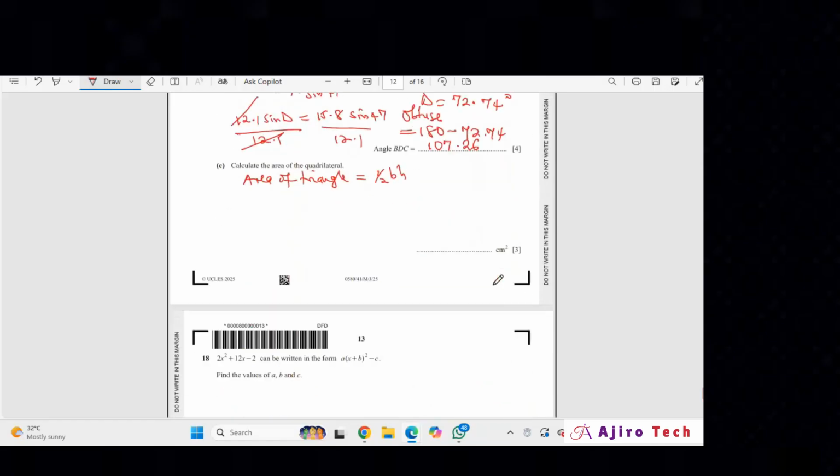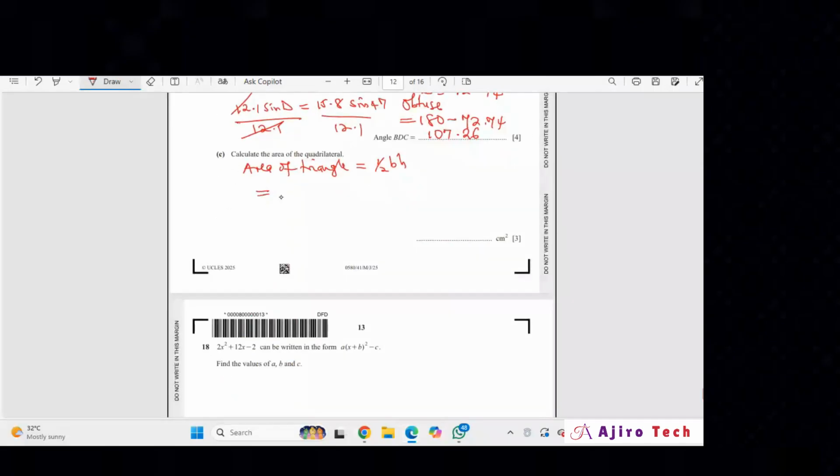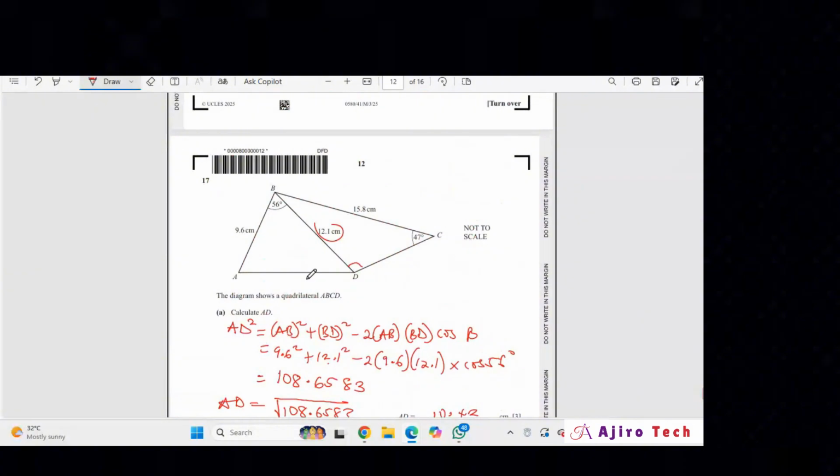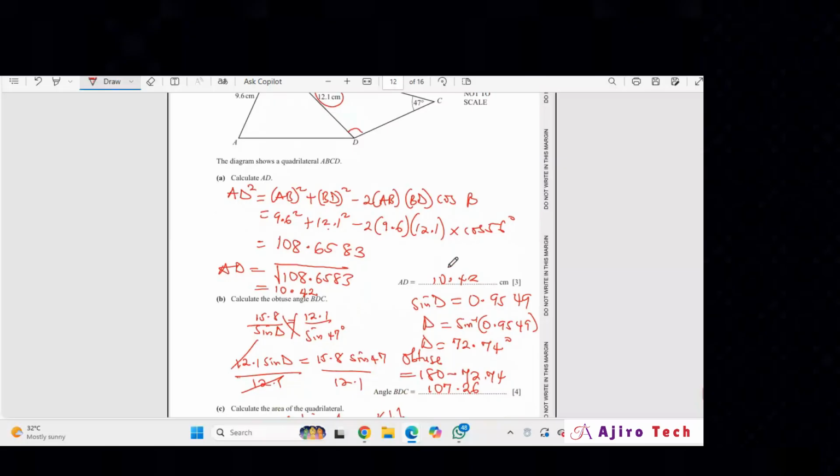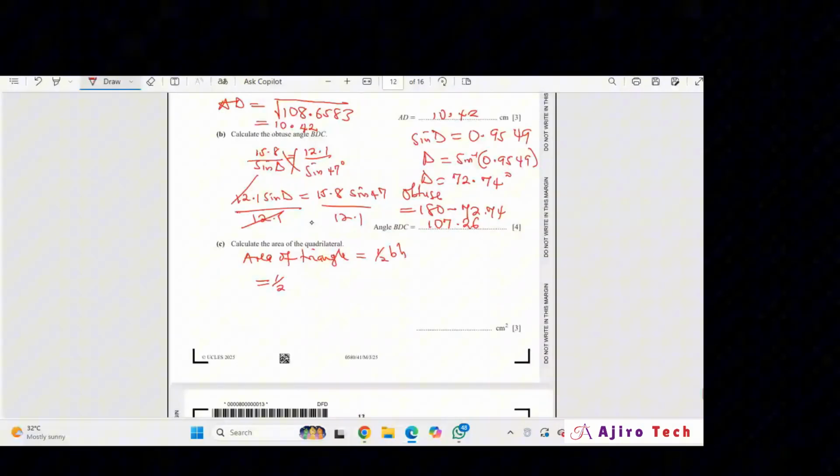So what we have here is going to give us 1/2. What is the base of the first one? That is AD, which is 10.42, times the height.